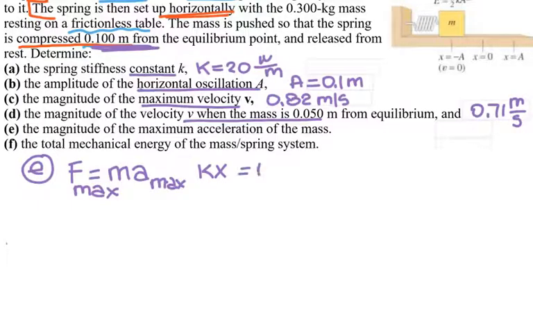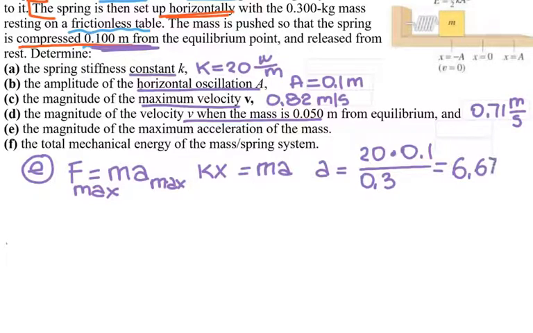So that is equal to ma. From here, a is equal to kx over m, where K is 20, X is 0.1, and m is 0.3. And this will give me the maximum acceleration equal to 6.67 meters per second squared.